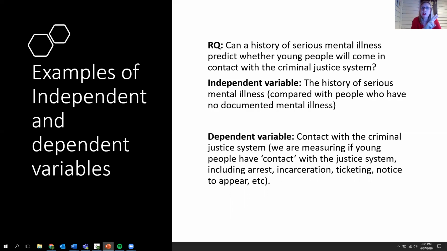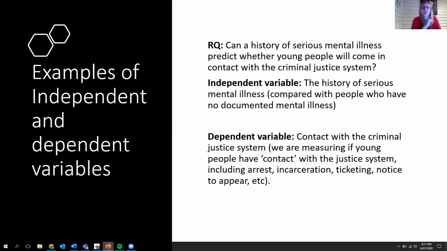And the second would be my outcome variable. Sometimes it's easier to start with that one and identify it, and then say, well, what am I saying is affecting that? So in this research example, my dependent variable would be contact with the criminal justice system, okay?